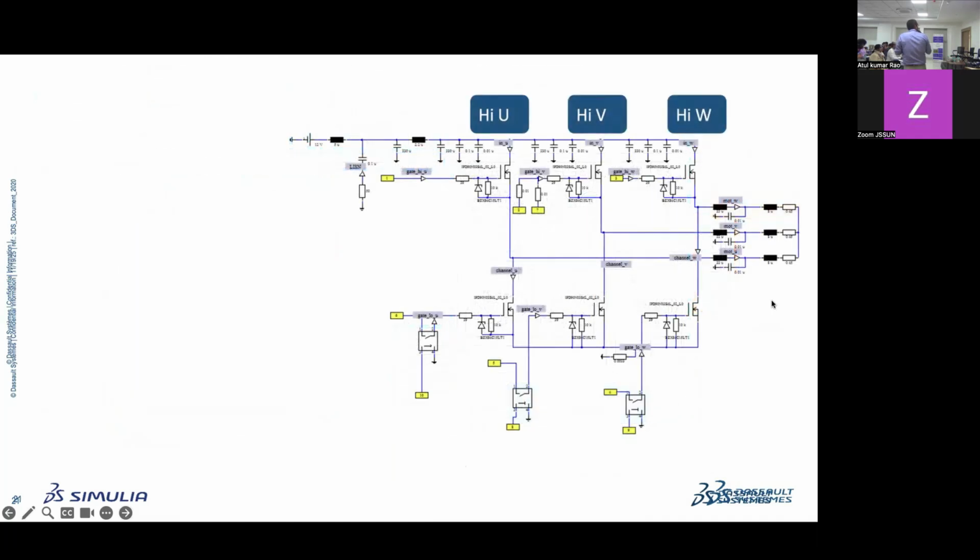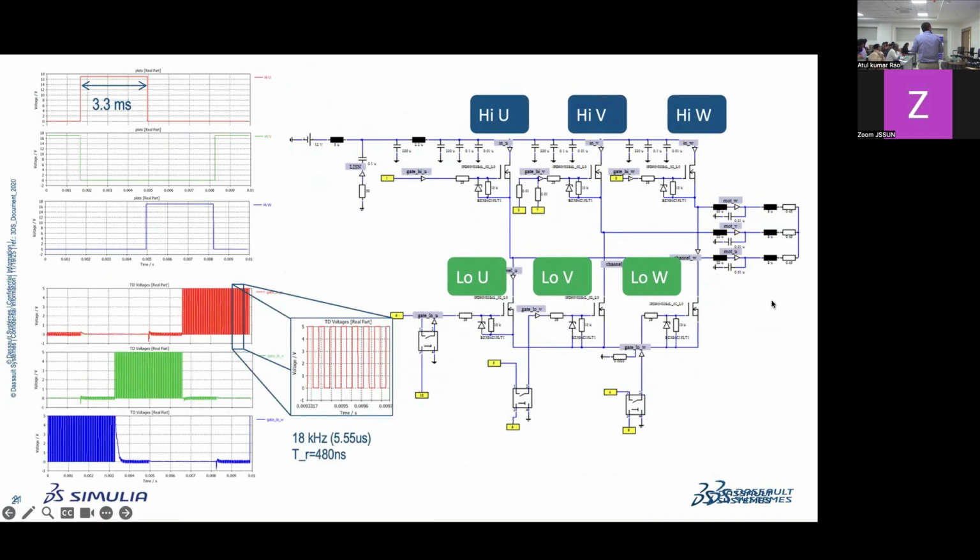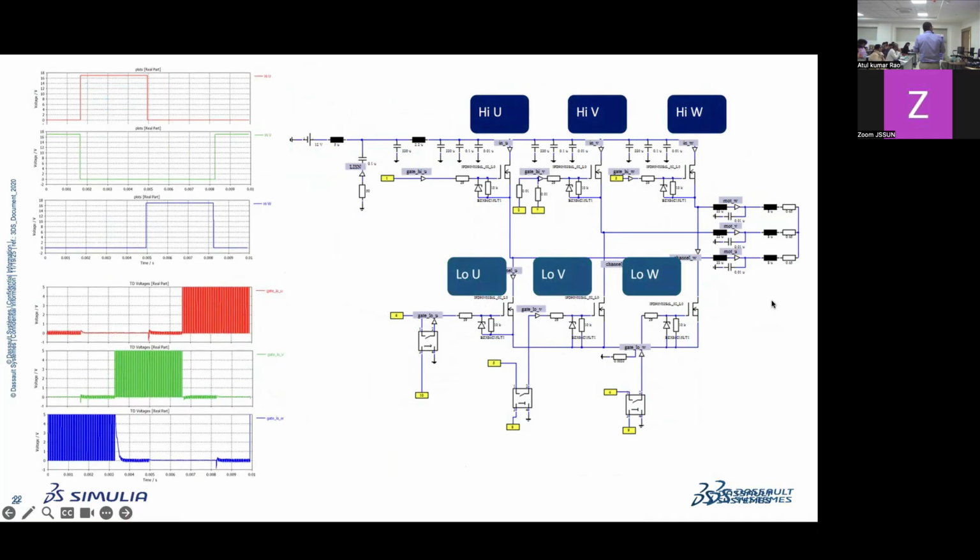And you see that in this slide. You have three transistors for the high side and three for the low side, and then you have the PWM signal that is generated. The PWM signal is generated in such a way that at any point you take, only one transistor in the high domain and one transistor in the low domain will be active.